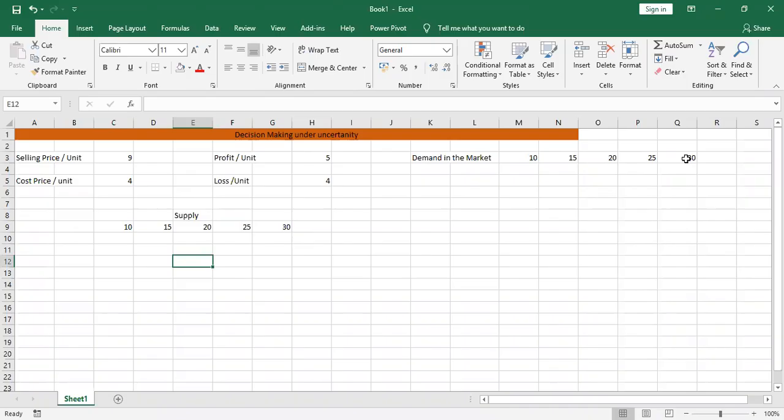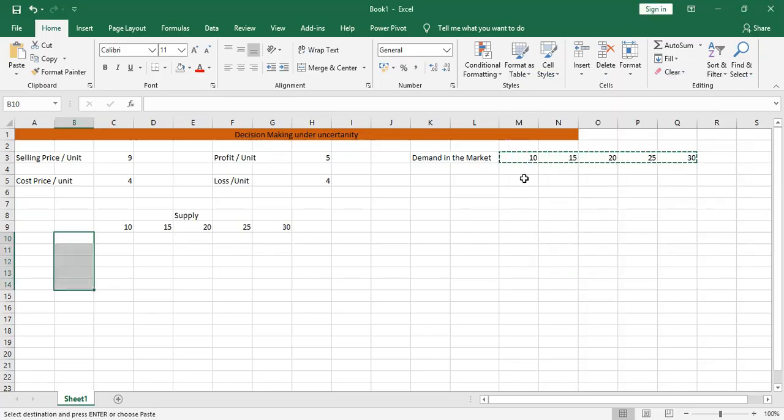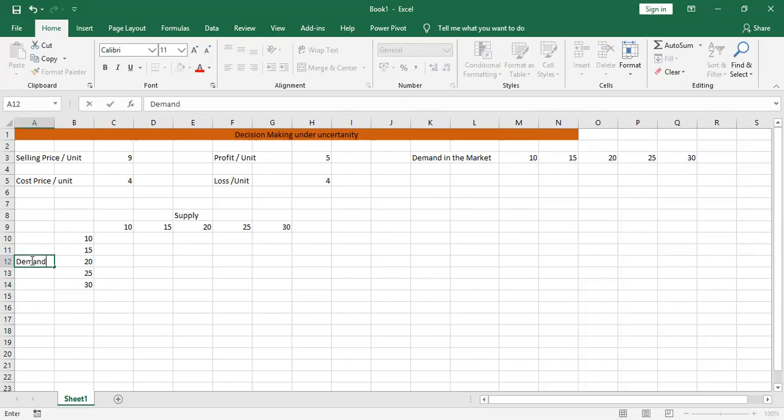And what about the demand? Demand will be 10, 15, and so on. This is my demand from the market.